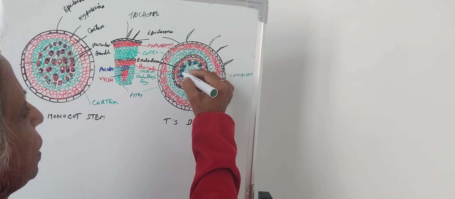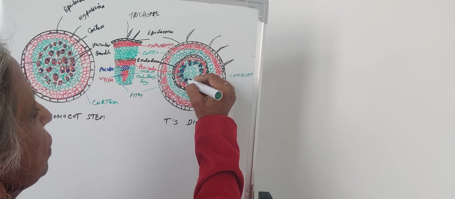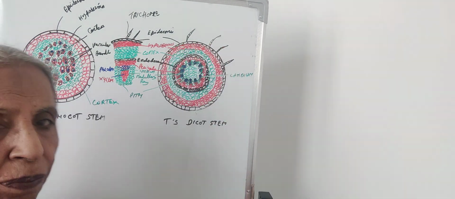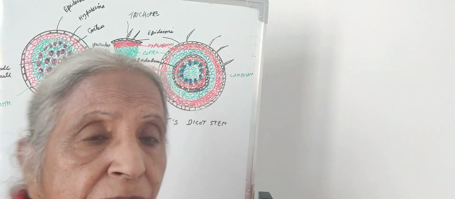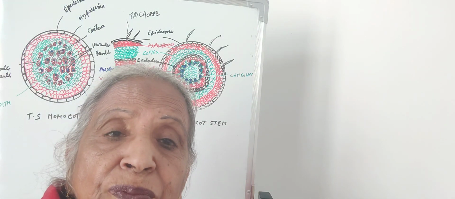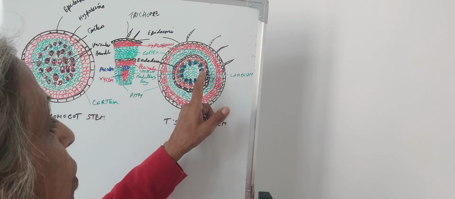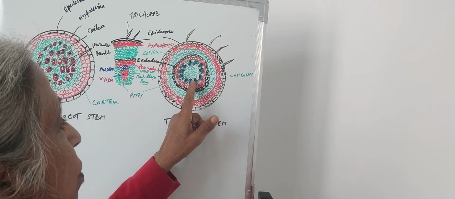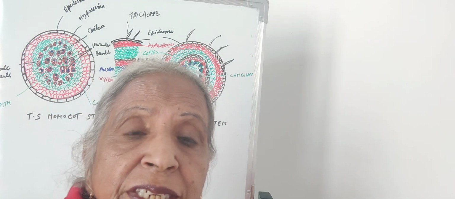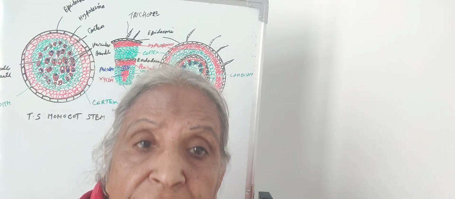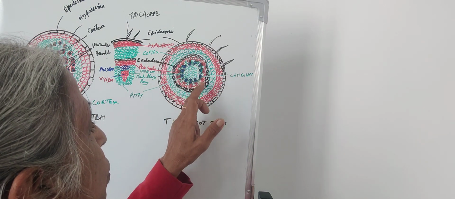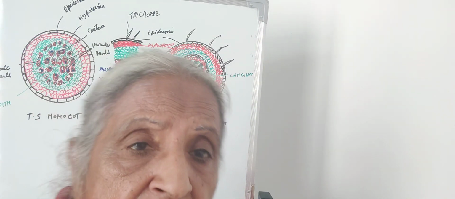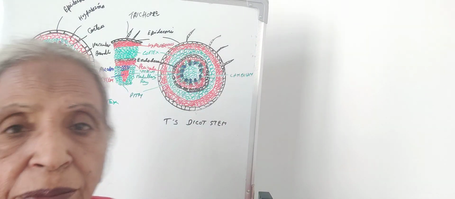These cambial strips are connected with the intrafascicular cambial strip and a ring of cambium is formed. The cambium which was present initially in between the xylem and the phloem is the intrafascicular cambium, a primary meristematic tissue. The cambium which is formed by the de-differentiation of the cells of the medullary rays in between the bundles is called the interfascicular cambium. These strips unite with the intrafascicular cambium, so a ring of cambium is formed.